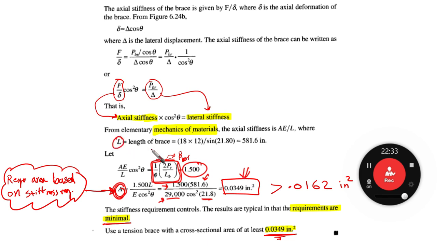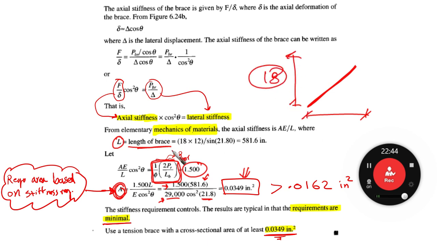This is the length of the brace, because we are talking about inclined brace. So the height is 18. We are going to use this height and divide by sine theta in order to obtain the real length here, which is going to be 581.6 inches. And then we can substitute in this equation, we can obtain the area.